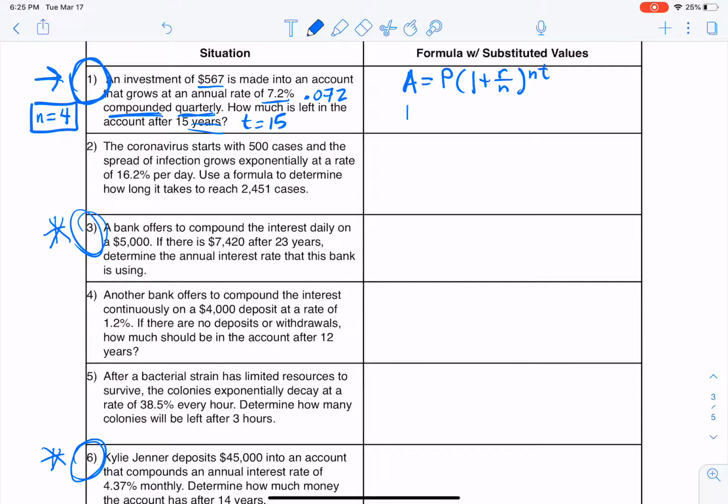So the equation I would really write is A equals what I start with, which is 567, times 1 plus that 0.072 divided by 4, because we're doing it quarterly, raised to the power of 4t. All right, so that's going to be the equation I would need to write for question 1.